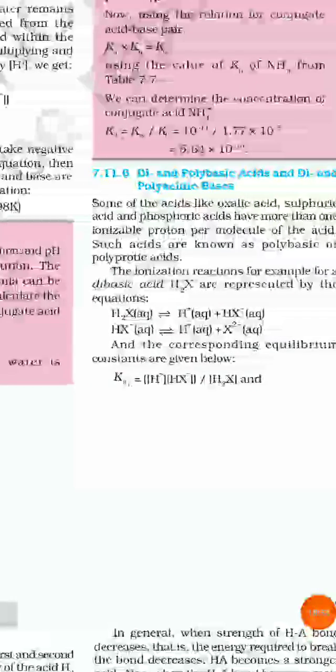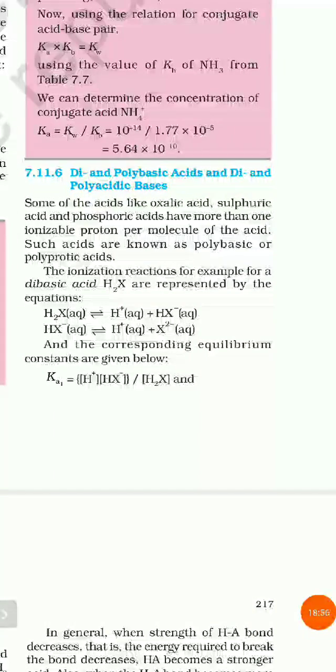So, next concept, see this: di and polybasic acids and di and polyacidic bases. What is the meaning of this sentence?